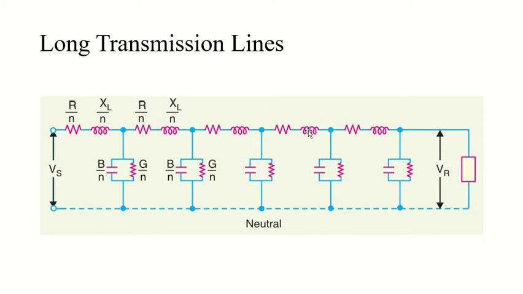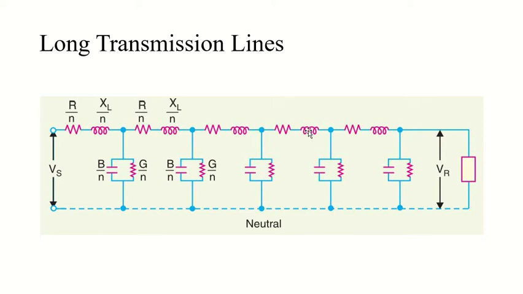But here, the line constants are uniformly distributed over the entire length of your line. Reasonable accuracy can be obtained in line calculations for only short and medium lines by considering the constants as lumped.